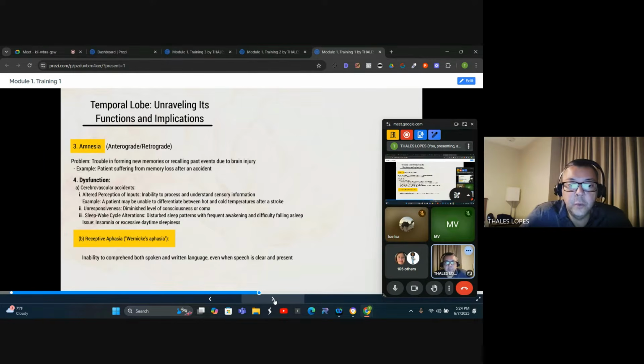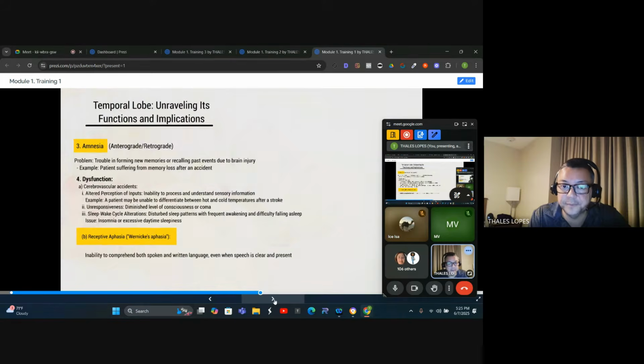So problems with forming new memories or recalling past events due to brain injury would be a function of the temporal lobe. We talked about receptive, which is called Wernicke aphasia. It is important, is highlighted, would be a temporal lobe, or inability to comprehend both spoken and written language when the speech is clear and present.